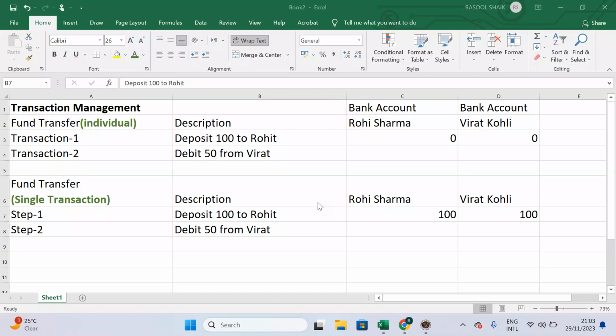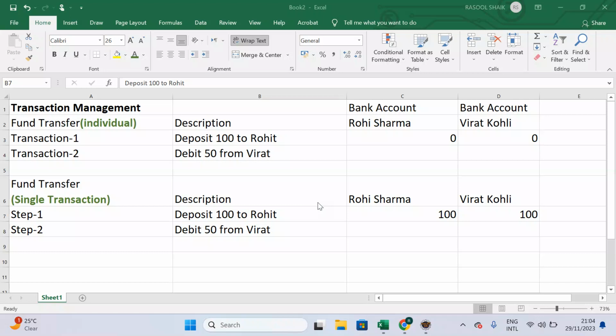Let's assume in this lecture you just learn what transaction management is, and in the second video I will explain what properties are available in transaction management, how they are important, and what the purpose of transaction management is. In another lecture I will explain what problems may occur in transaction management and how we are going to resolve them.